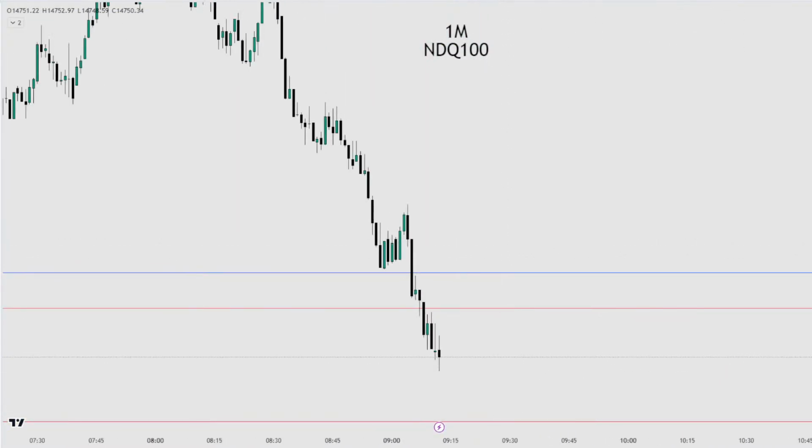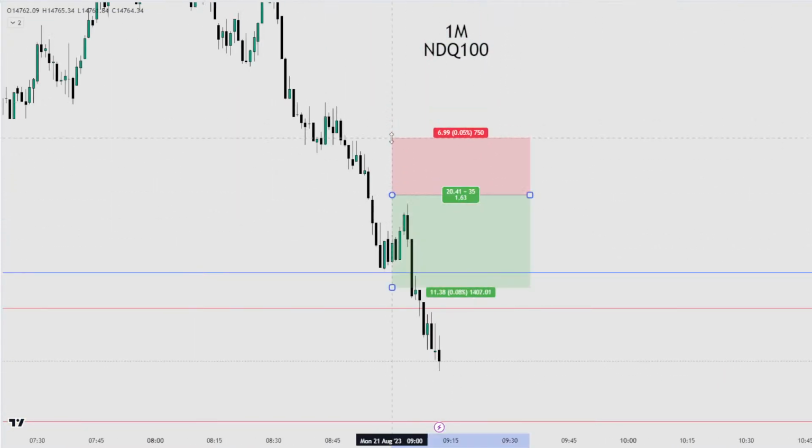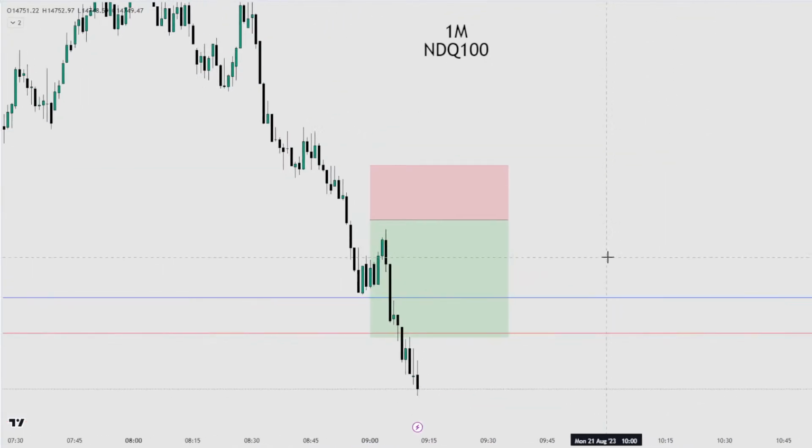So the setup would be this stop loss and then target liquidity, and yeah, from the fair value gap right here.